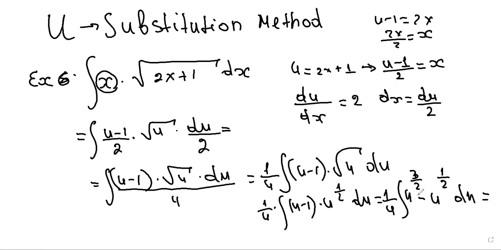Then we can apply linearity. We already took 1 over 4 out of the integral, so we keep it: the integral of u to the power 3 over 2 du minus the integral of u to the power 1 over 2 du. Let me just read this part.